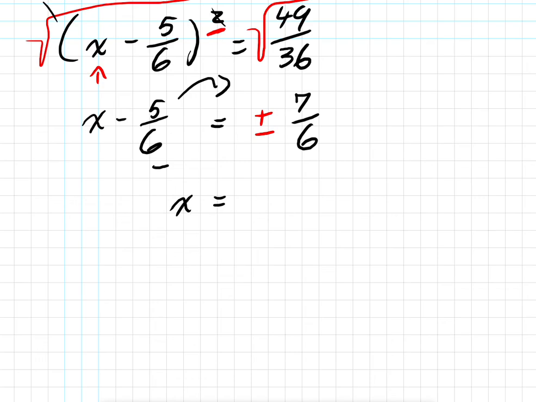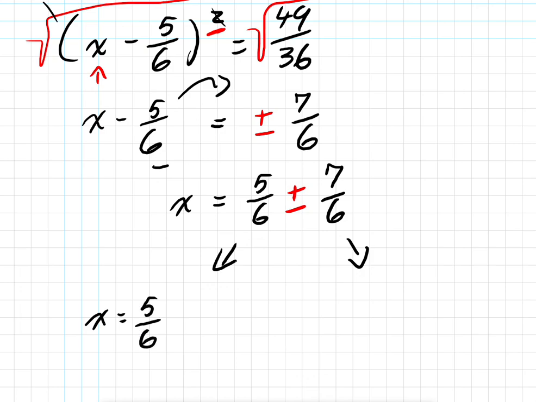So we have x is equal to positive 5 over 6, and I'm going to leave it in red because that indicates there are technically two answers to this. You could break it into this: x is equal to 5 over 6 plus 7 over 6, or x is equal to 5 over 6 minus 7 over 6.